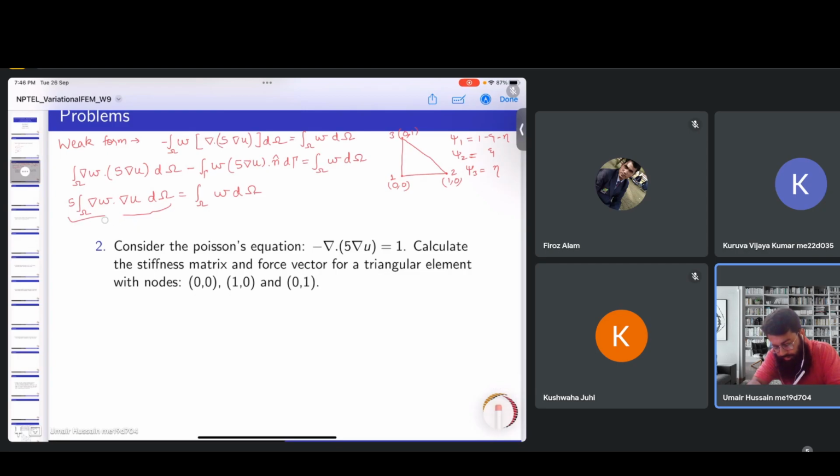Okay, so we need to approximate u, right? So what do we usually get? We'll get gradient Ni dot gradient Nj.